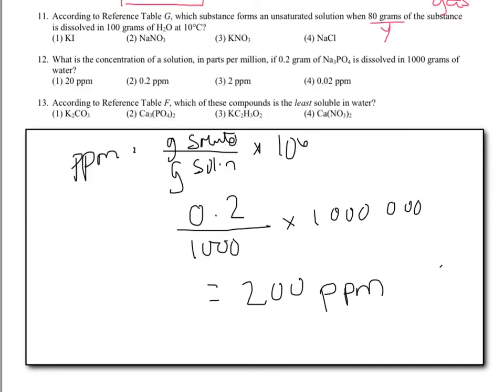Question 13 asks you to refer to reference table F and find which compound is least soluble in water. We worked with solubility not only when talking about solutions, but also when talking about reactions and reaction types. You should be very familiar with using reference table F. Let's pull it up.